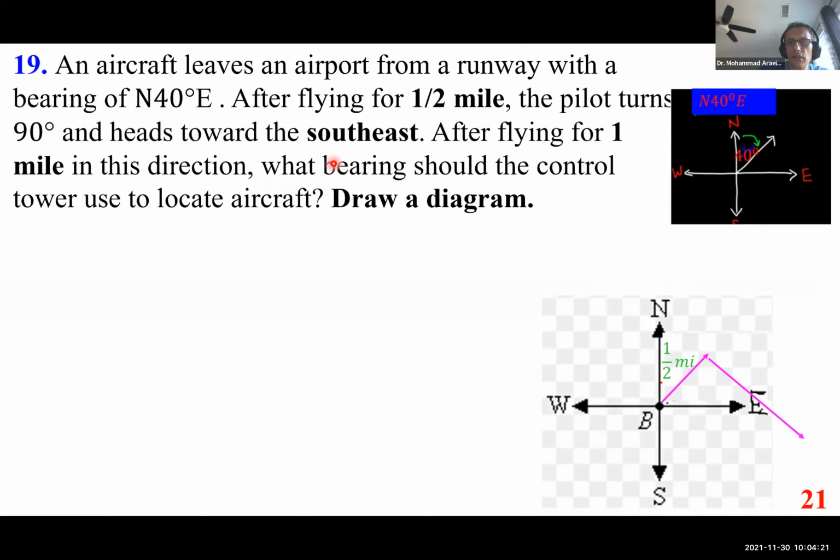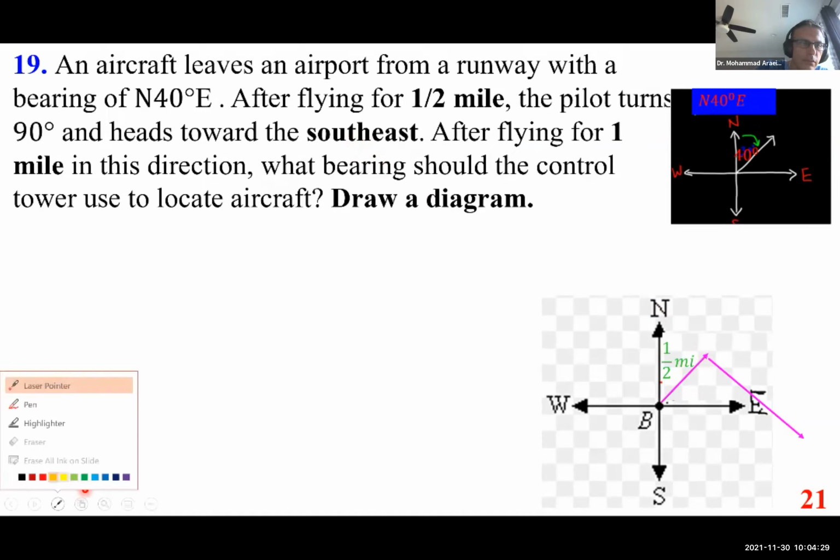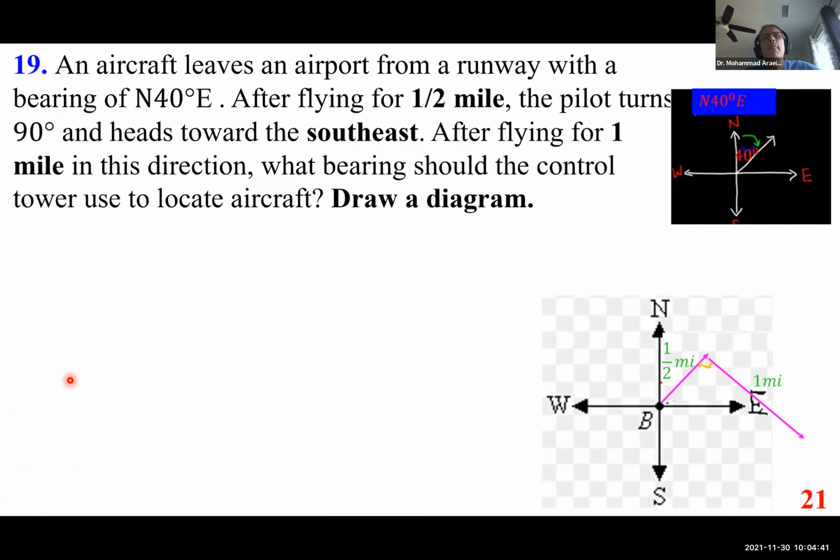So again, this is 90 degrees, can go either way because it says southeast, going this way, this angle is 90 degrees. After flying for 1 mile, we want to know what's the bearing.